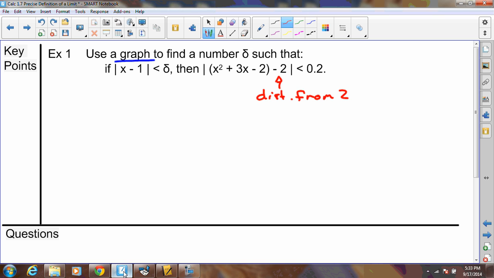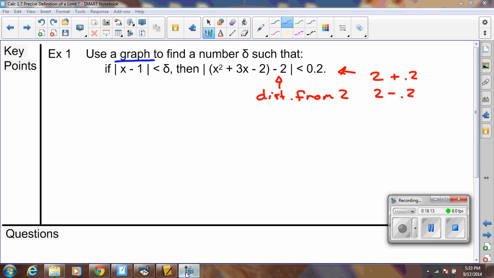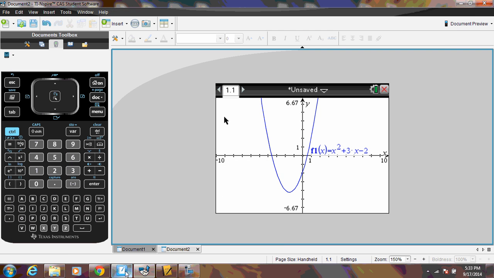The distance up or below is here. So we can be 0.2 up, 0.2 down, away from our limit value. Those are pieces that I am going to graph into the calculator.